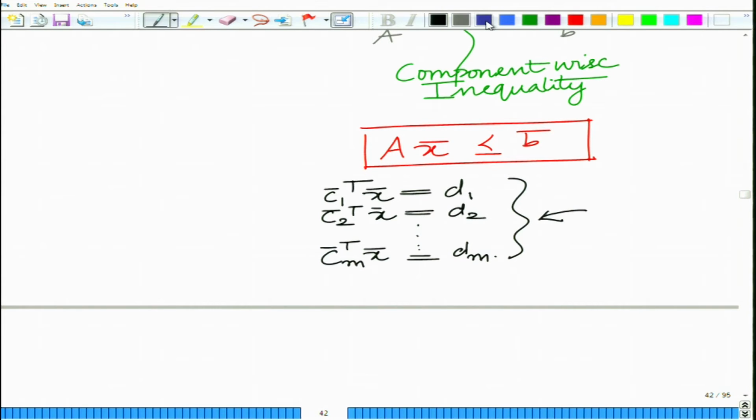Each represents a hyperplane, so this is an intersection of M hyperplanes.